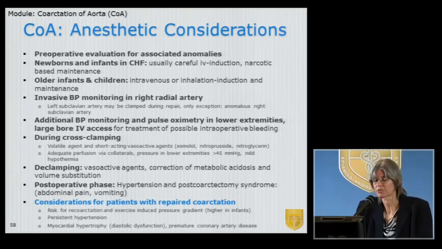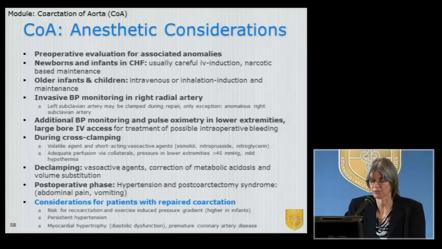What do you have to think about when these patients come back after a repair of their coarctation? Well, number one, they are at risk for recoarctation, for developing a restenosis. The pressure gradients at rest might not be significant, but when they exercise, they get significant pressure gradients. So sometimes you will see that they actually do exercise testing to see if the pressure increases during exercise.